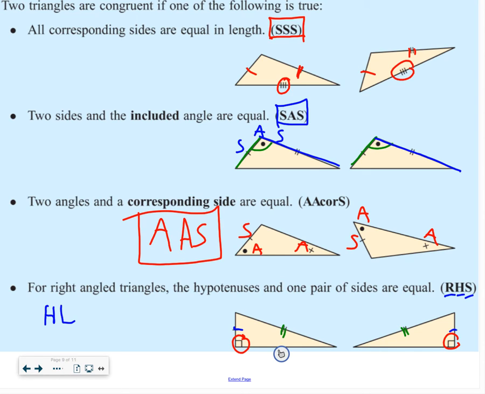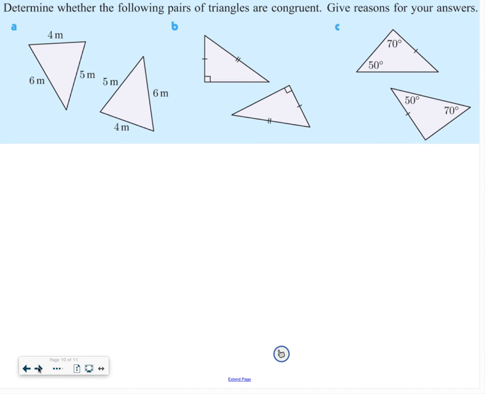So how can we do it? Let's look at an example here. So in example A, okay, we want to determine if these triangles are congruent. We can see that we have 5 congruent to 5, we have 4 congruent to 4, and we have 6 congruent to 6. So by side-side-side, those two triangles are congruent.